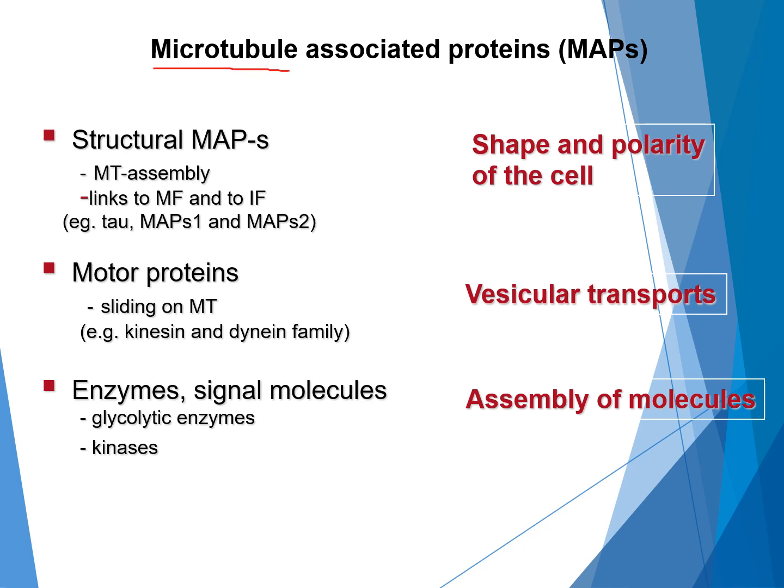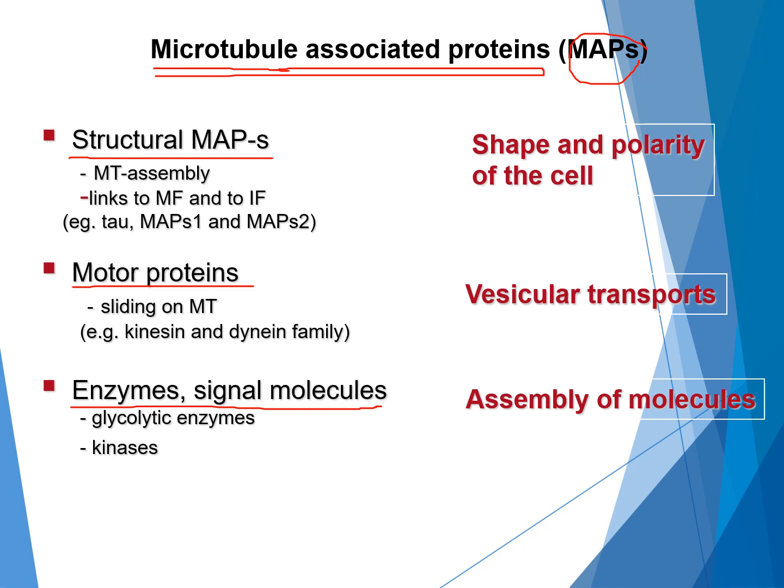Microtubule is not standing alone, not like microfilament. Microtubules have several microtubule associated proteins, which we call MAPs. These MAPs are categorized into three main categories. The first is the structural MAPs, the second is motor proteins, and the third is enzymes and also signal molecules. Structural microtubule associated proteins are needed for the microtubule assembly, which links to the microfilament and also intermediate filament.